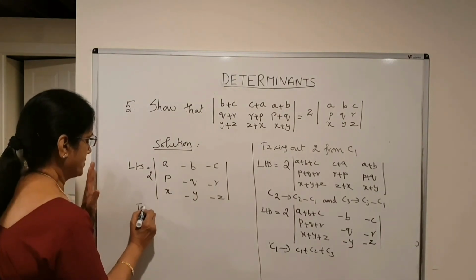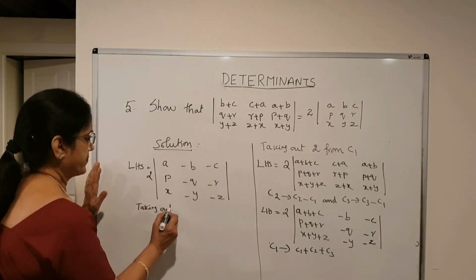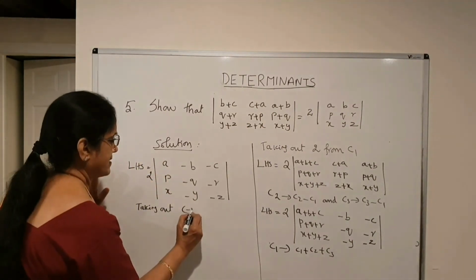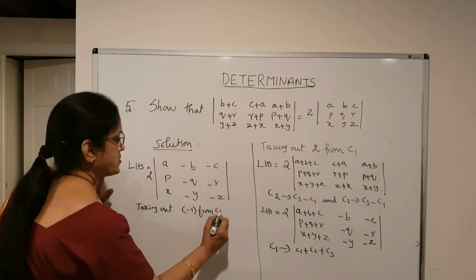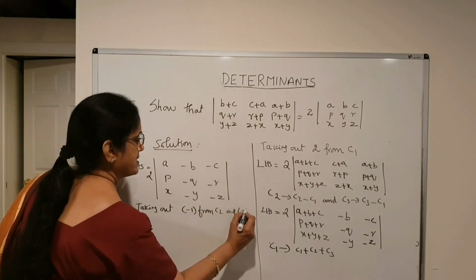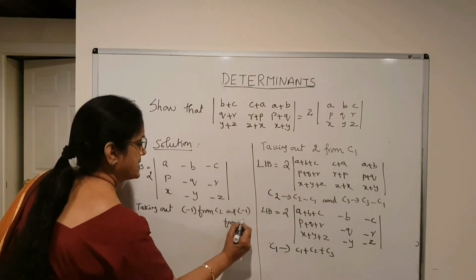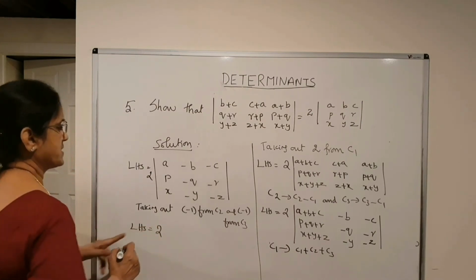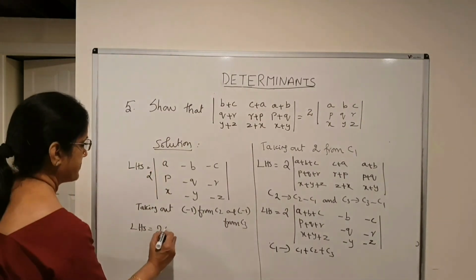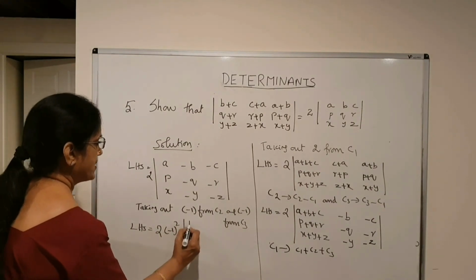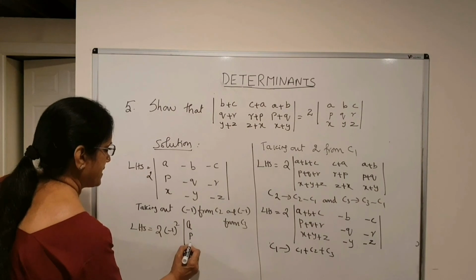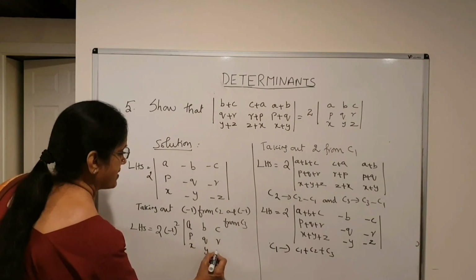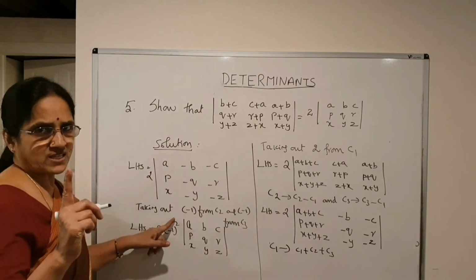So, taking out minus 1 from C2 and minus 1 from C3, I get LHS equal to 2 times minus 1 the whole square, left with A, P, X, B, Q, Y, C, R, Z. Minus 1 the whole square is 1.